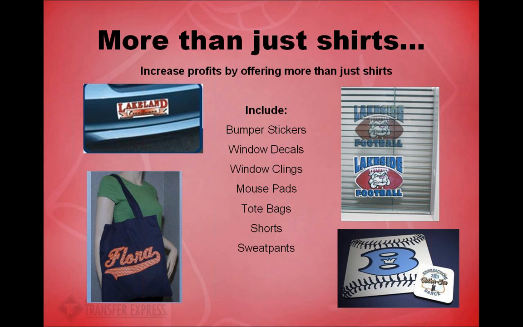Window decals, that's going to be the white one, and window decals are a more permanent type of material to put on your window, and a window cling is something you can peel off and reuse. Mouse pads, for example, I think mouse pads are a really great idea. I do them a lot for holidays and stuff like that, but they're really good for fundraising as well. You can put the school name, the organization, a picture on it. You can do so many things.